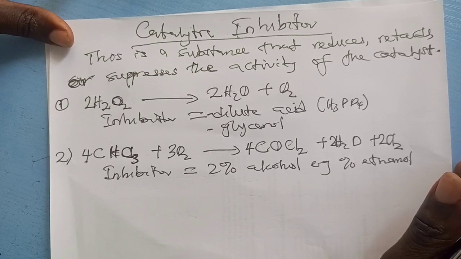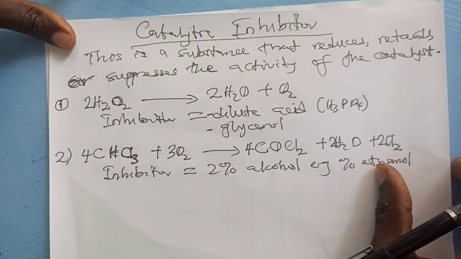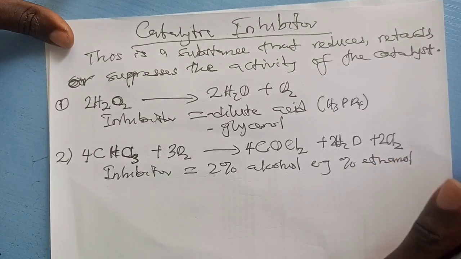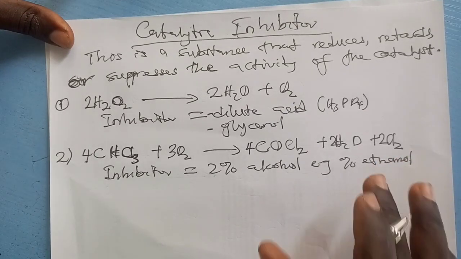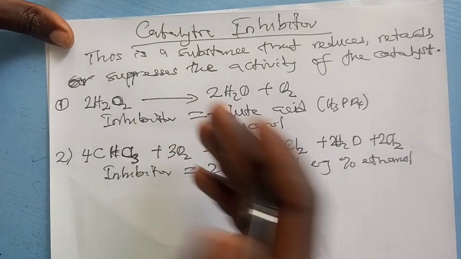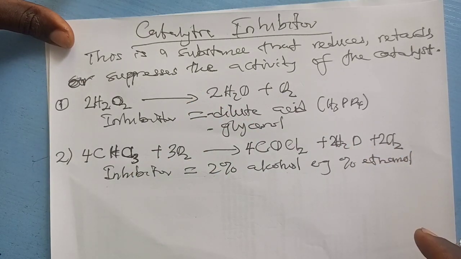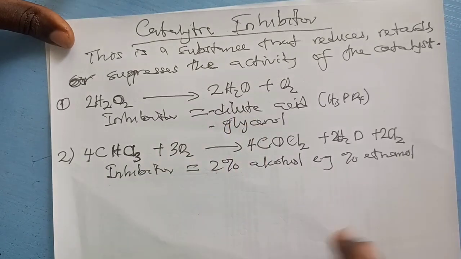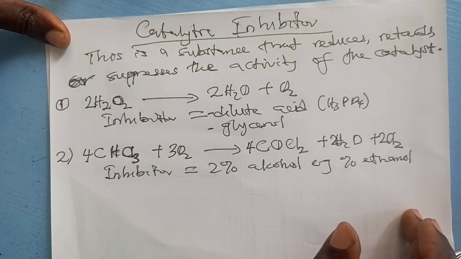You will know what I define as negative catalyst with the equations given. Okay, there are other examples. I think these two are okay for you. There are other examples. You have anti-knock properties as a tetraethyl lead, as an anti-knock in petrol. But I give you this. I think this is okay for you.